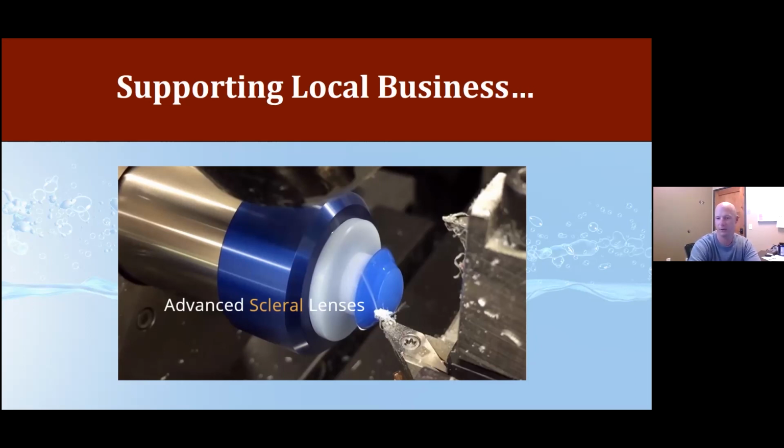The laboratory is called Advanced Vision Technologies. We've been using them for all of our gas permeable lenses for a number of years now. They do a great job. They're a locally owned business, which is fantastic. And they have their own designs, which is awesome because they're constantly innovating and developing new designs. We're lucky to have them right in our backyard because they actually ship lenses all over the world.